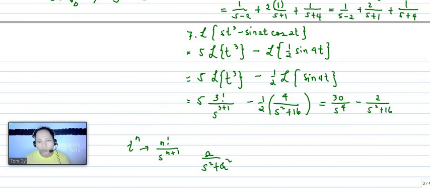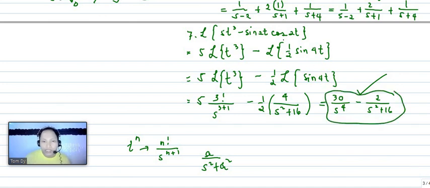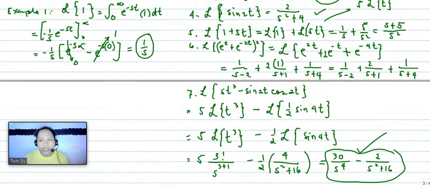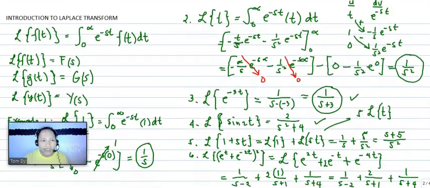You can combine this if you want, as our final answer. Okay, so this is just an introduction to Laplace transform. This will be our final answer for the Laplace transform of this function. Again, this is just an introduction to our discussion of Laplace transform.